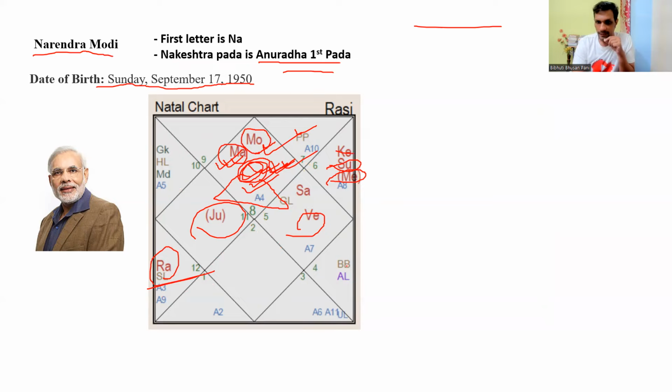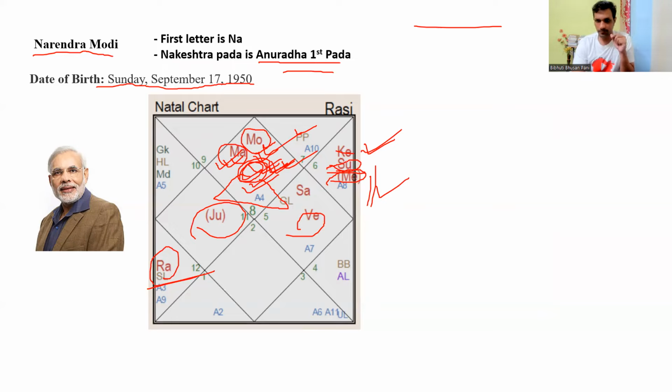And the Sun, being the 11th lord from this Nama Rashi, is in the 11th house, and it is conjoining with the 10th lord, and Ketu.